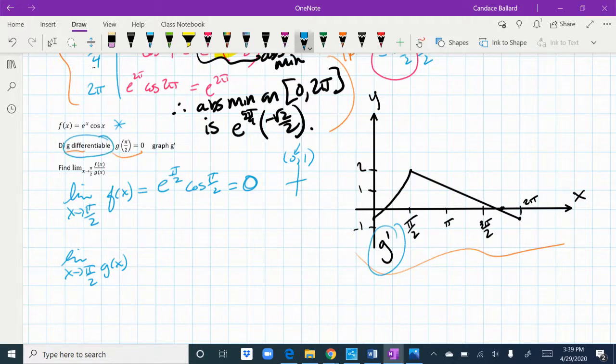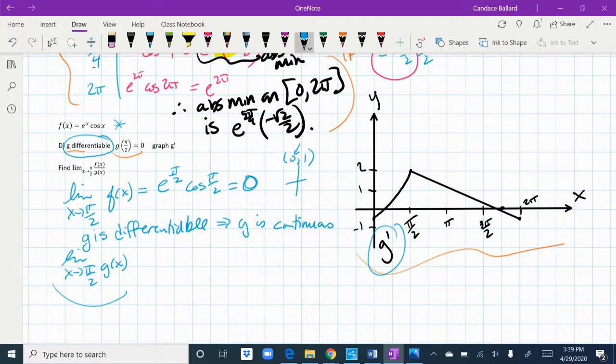And really, because that implies that it's continuous, and I need it to be continuous in order to take a limit. So I'm going to write that down above here, because I need to show the reader that I understand that. So g is differentiable, which implies g is continuous.